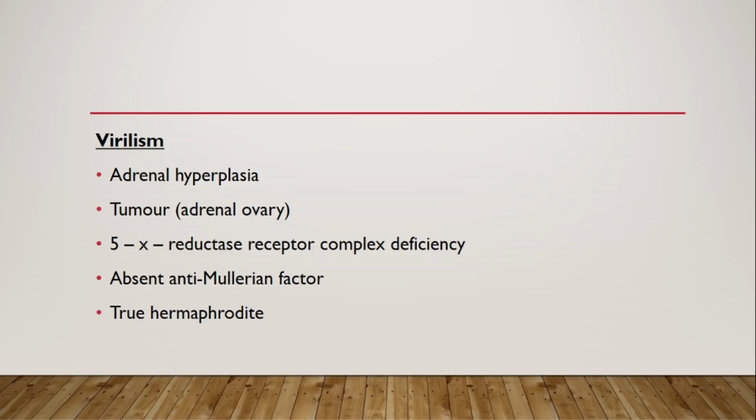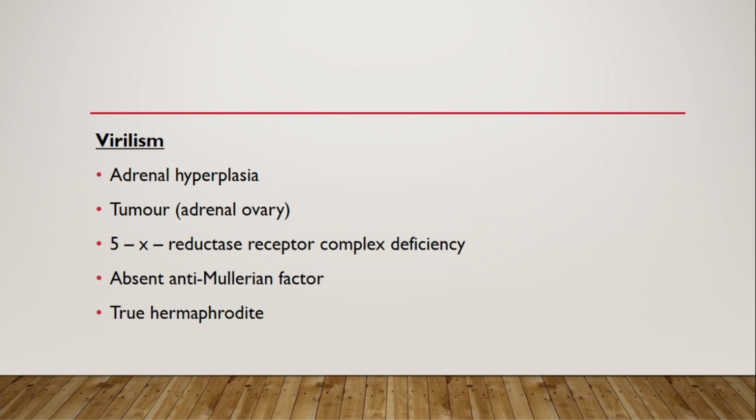And they can have absent anti-Mullerian factor that we see in testicular feminizing syndrome. In testicular feminizing syndrome, the testis produces testosterone, but the end organ receptors cannot utilize this to produce the dihydrotestosterone that is useful to the body.